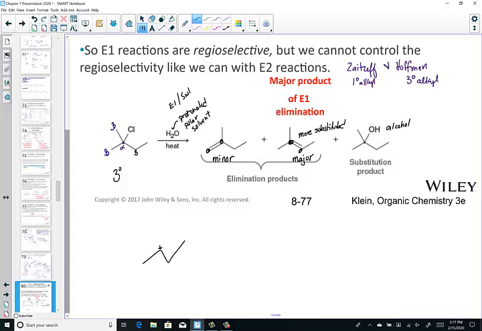We form a carbocation intermediate. The water is acting as the nucleophile, so it attacks the electrophilic carbon. Then you'll see that you have a protonated alcohol on that position.